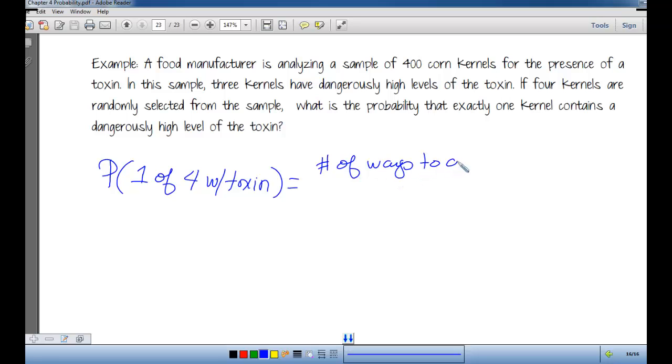to get exactly one with toxin. And on the bottom, we're going to have what? Not just the number of kernels. What do we have to do in this case?